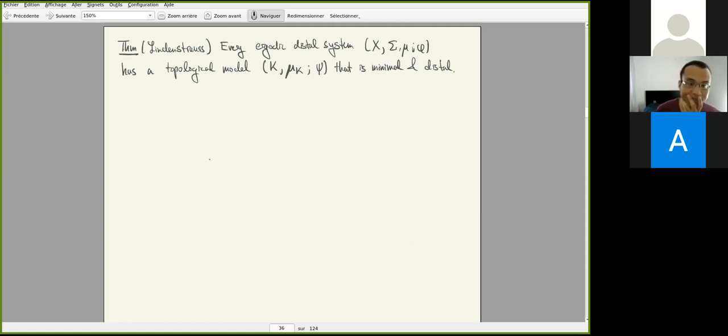If you look into the proof of Lindenstrauss, then what he does involves a lot of choices, and especially non-canonical choices. So he has to work very hard to construct this topological model. And in the end, the model he obtains is not canonical.